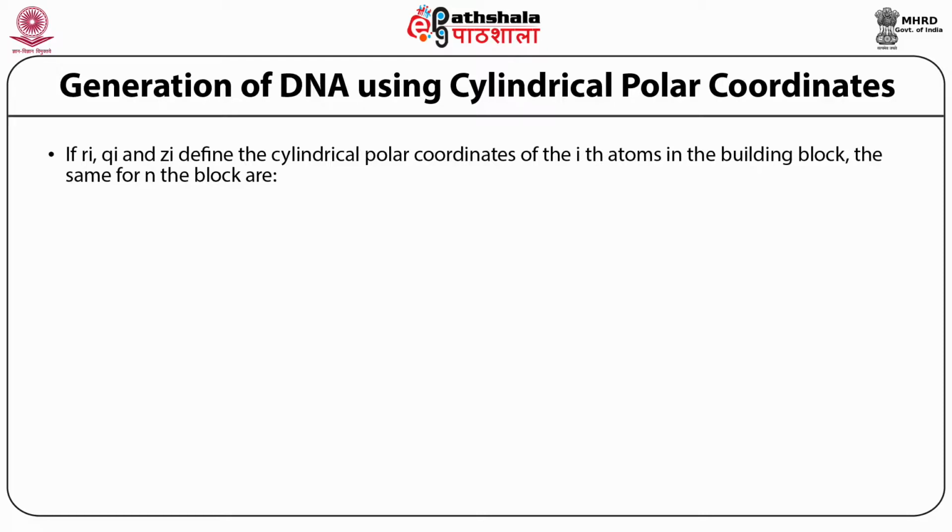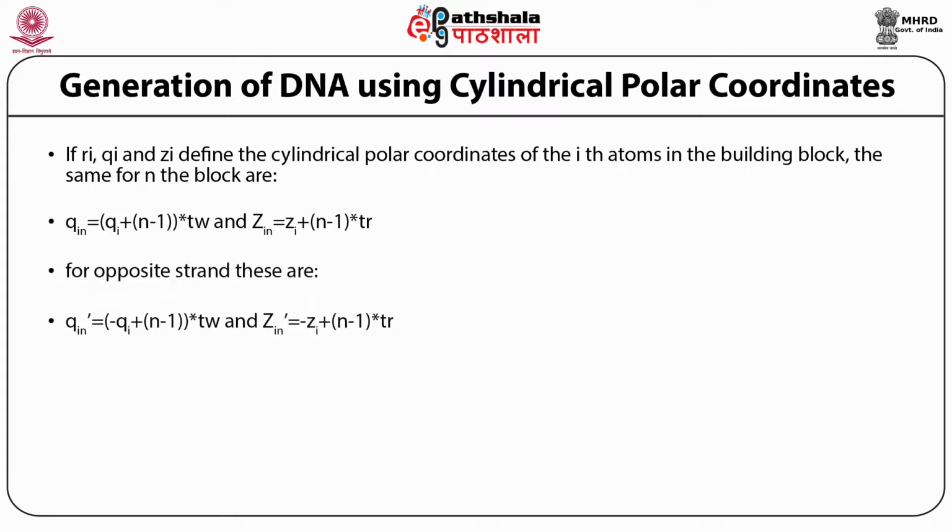Now, using the value of twist Tw and translation along the helix axis Tr, one can calculate the cylindrical polar coordinates of any residue in the same strand using the first equation, or any residue in the opposite strand using the next equation.